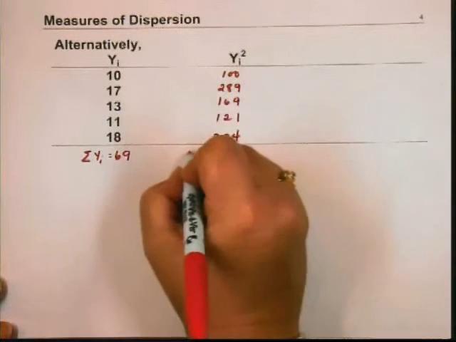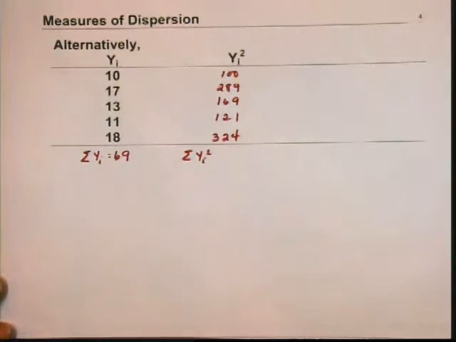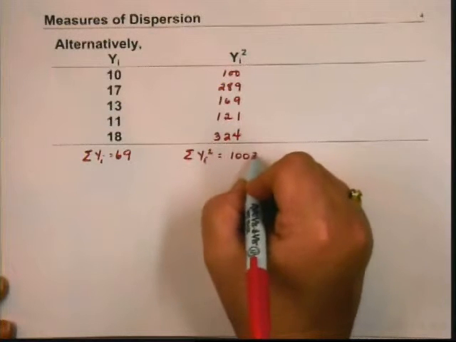If we add those up, the summary statistic we have is the sum of the squared yi's. If you add all of those up, I come up with 1003. Do you agree?